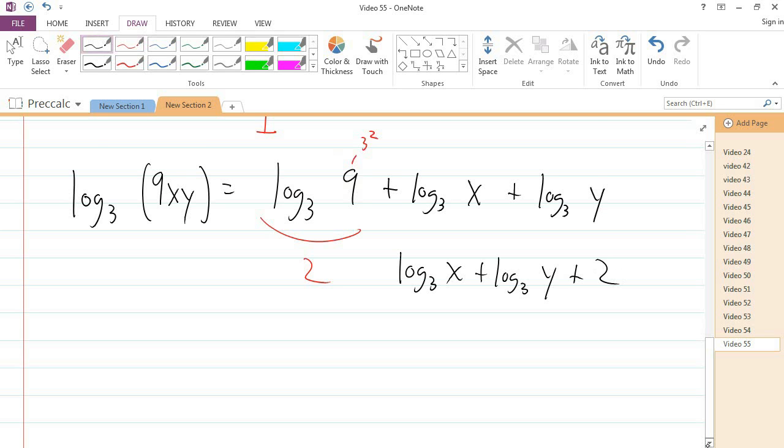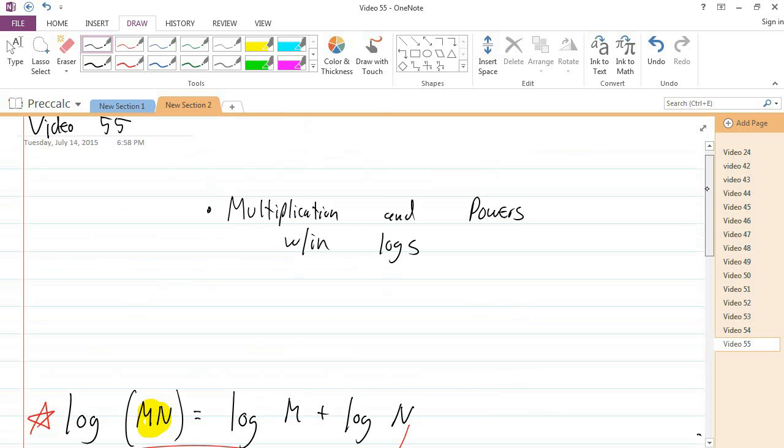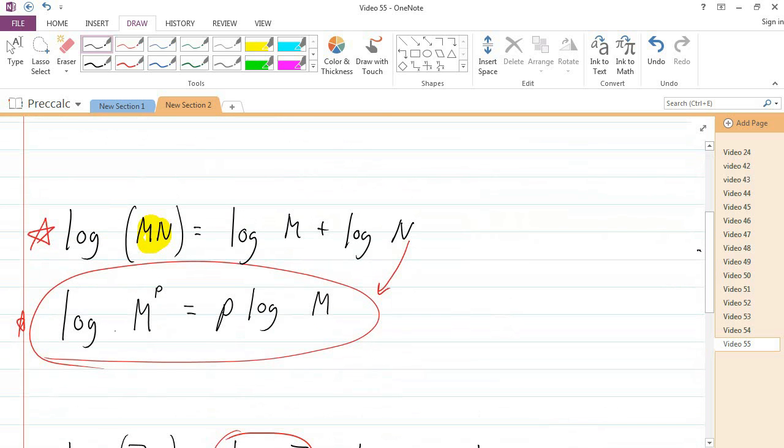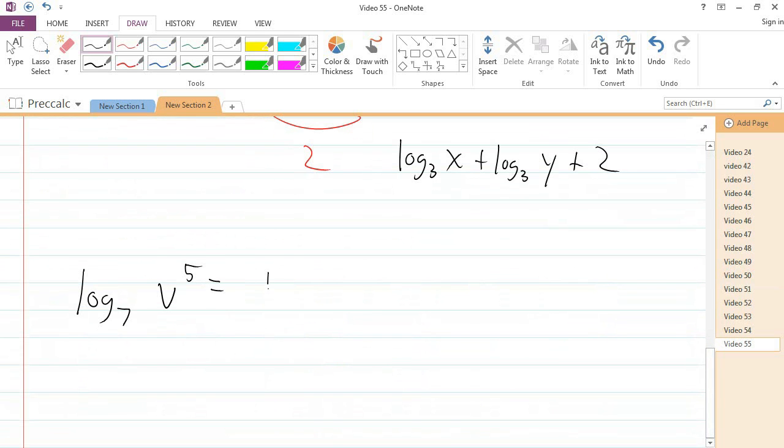All right. Let's take a look at another example. Let's take a look at the exponent property. This is a super useful property because up until now, exponents were untouchable. I couldn't do any math with an exponent. This property right here with the power lets me move this exponent out in front of the log.